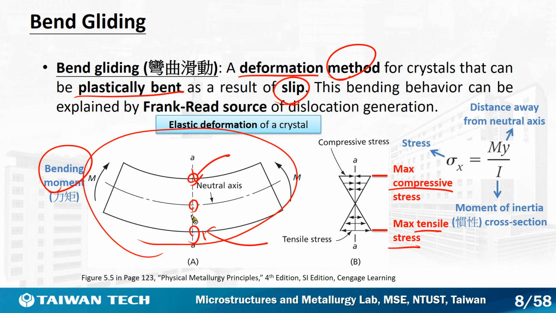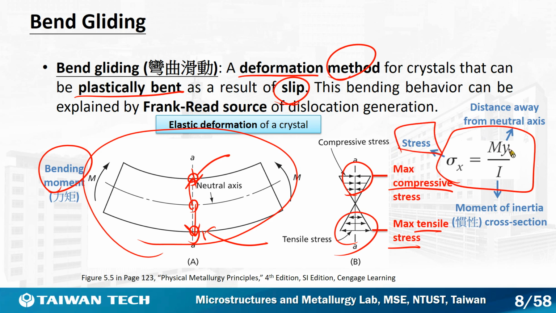So with a different distance away from these two ends, they will have different stress values. And we can use this equation to express the stress with different distance. Okay, but you don't need to memorize it. First, you now just need to know that the bending is about the slip.